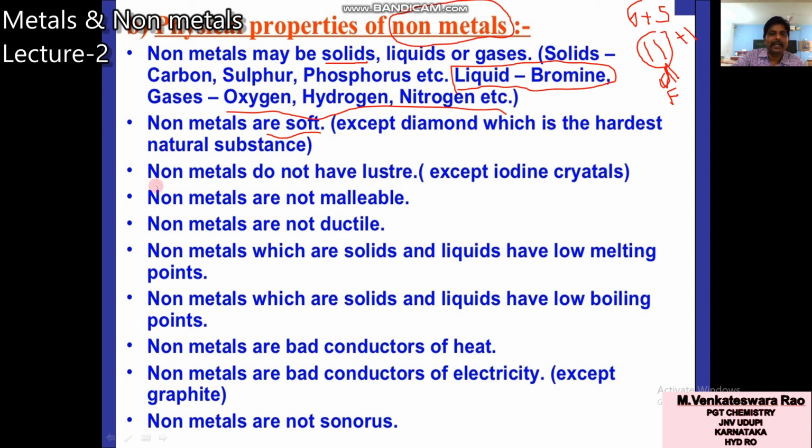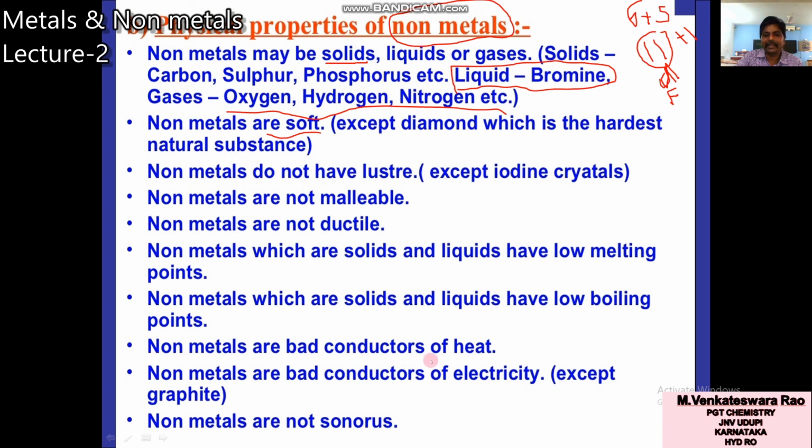Next one, non-metals do not have luster. The exception is iodine crystals. Non-metals are not malleable. Non-metals are not ductile. Non-metals which are solids and liquids have low melting points. Non-metals which are solids and liquids have low boiling points.